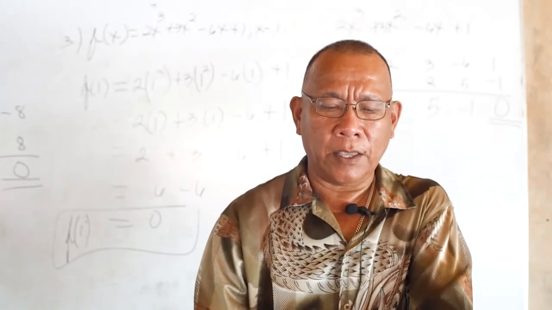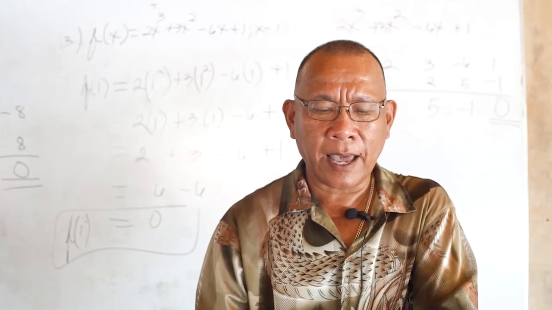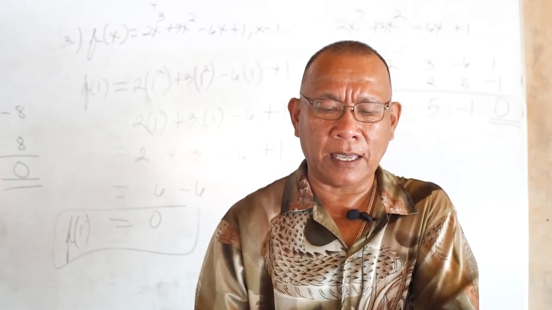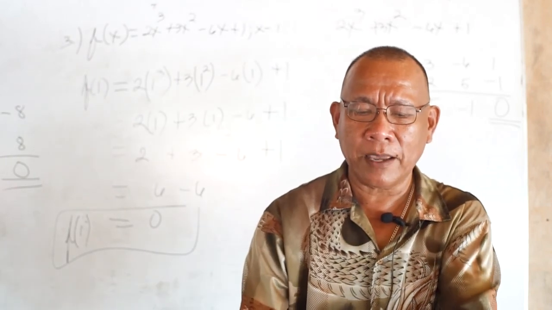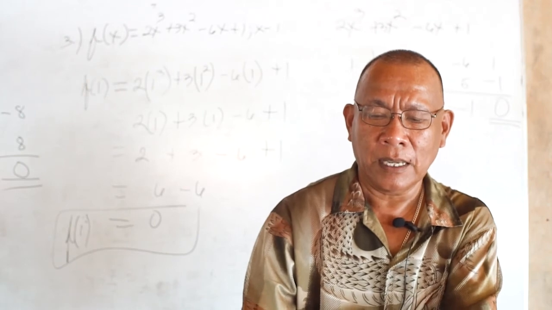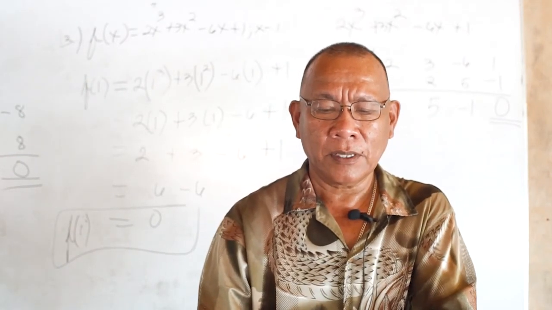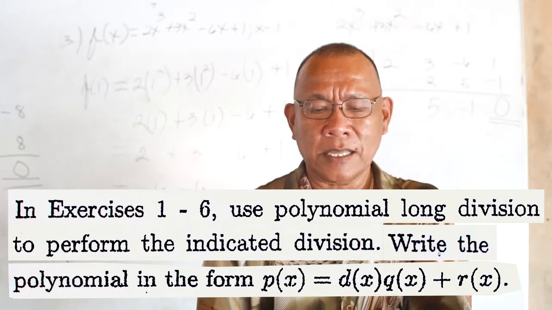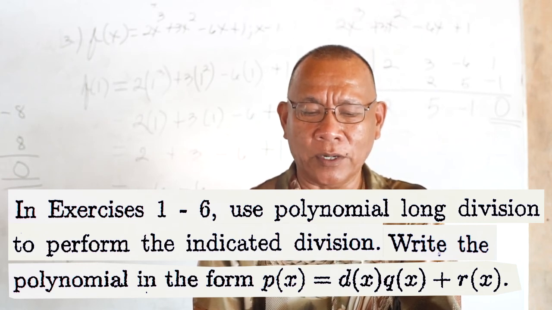Our activity for week 4, then write your activity in the yellow pad paper. Then we have here the instruction. Okay, letter A, 1 to 6, use polynomial long division to perform the indicated division.